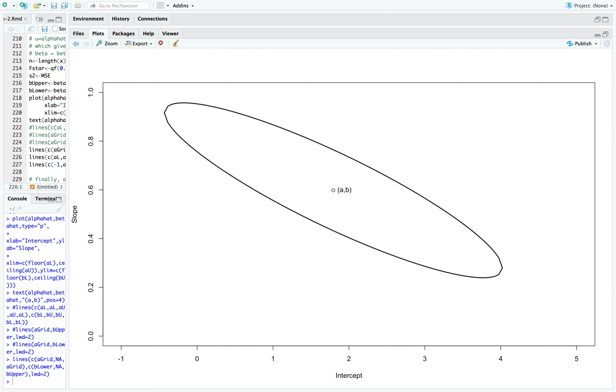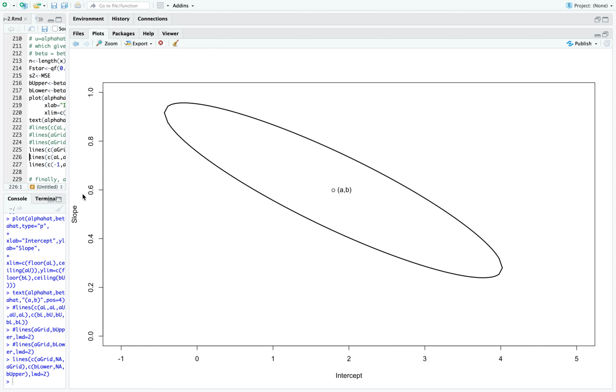So that's the confidence ellipse, and now we would like to draw conclusions based on this, make some inference, and that would be typically something more than just saying that the alpha and the beta are inside the ellipse. We'd want to draw conclusions about the intercept and the slope, but they have to be simultaneous.